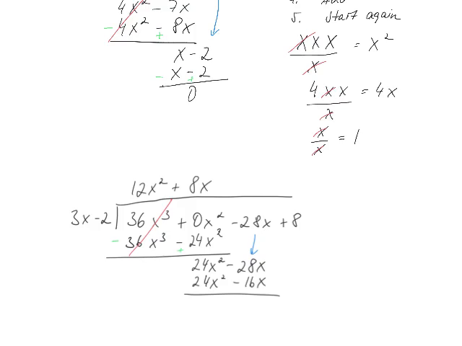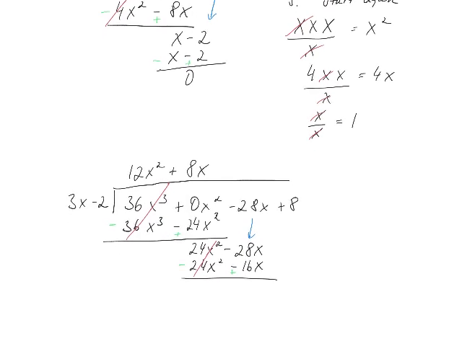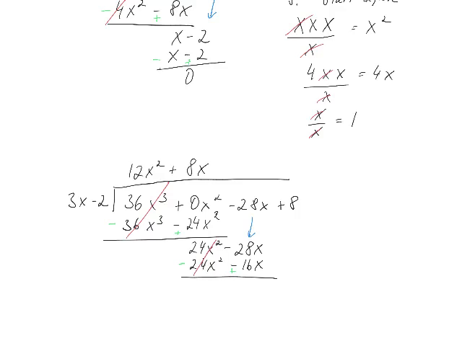Change the sign: minus, this becomes a plus. So now 24x squared minus 24x squared, this is gone. Minus 28x plus 16x gives me minus 12x. Then I bring the next one down, plus 8, and then I start again.